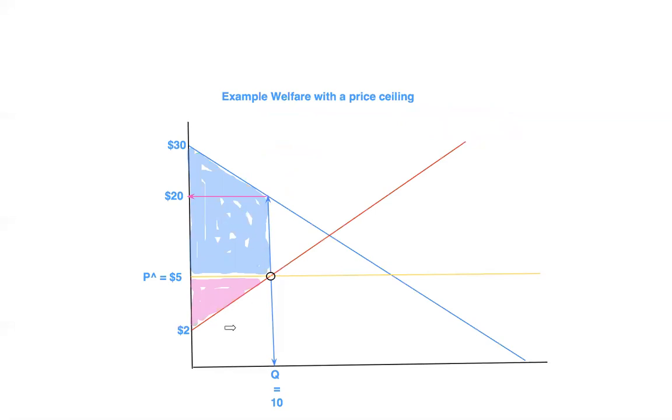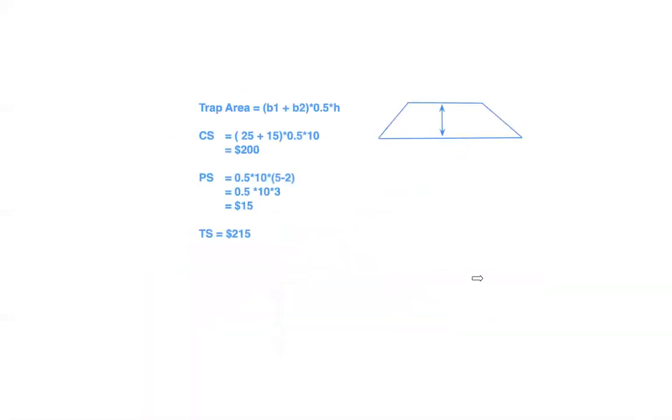Well, you can see that, again, looking at base 1 and base 2, the distance between them can be measured here along the horizontal axis as the distance from 0 to 10, which is the quantity that's bought and sold in the market. So sure enough, we have 25 plus 15 times a half times 10, which is the distance between the two bases in our case.